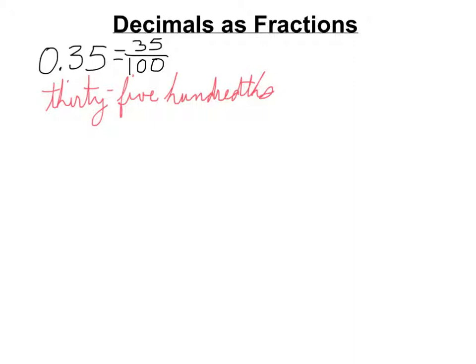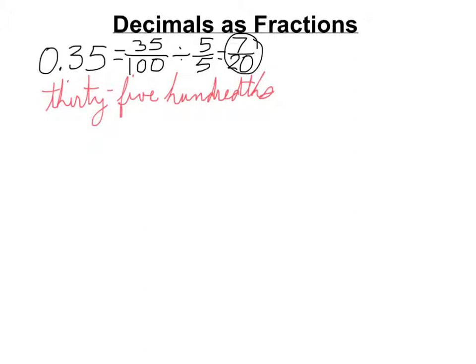So I can see, because this ends in a 5 and that ends in a 0, that these are both reducible by 5. 35 divided by 5 is 7, and 100 divided by 5 is 20. 7 and 20 cannot be reduced, and so 0.35 is 7/20.